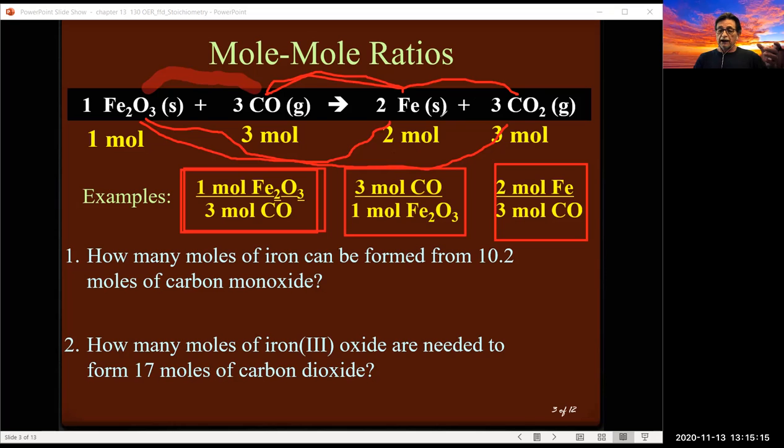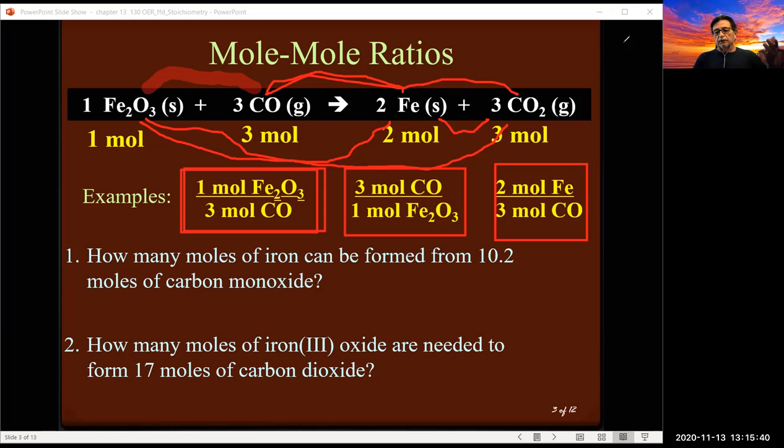And then we have one last one, which is the relationship between the iron and the carbon dioxide, the 2 products, which is a 2:3. And so in essence, we have a total of 12 ratios that we can utilize for any calculation that we need to do.